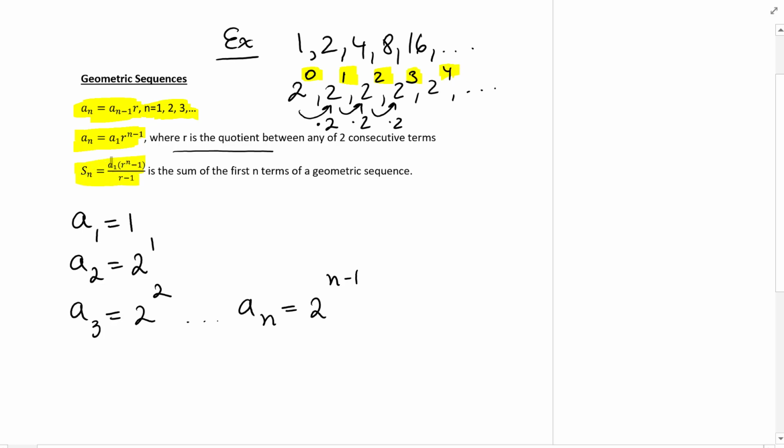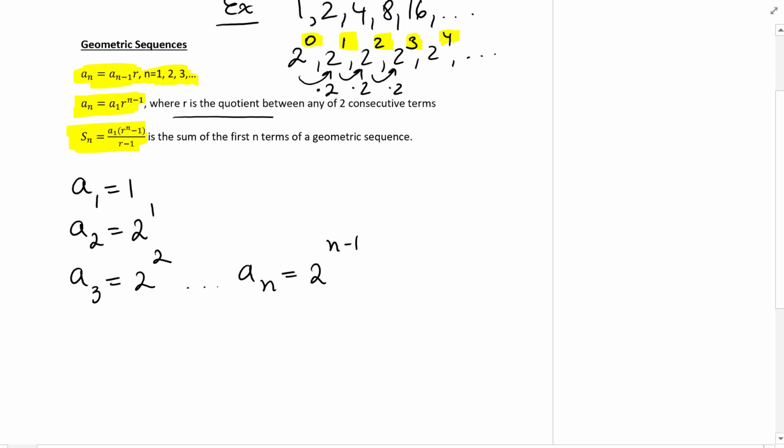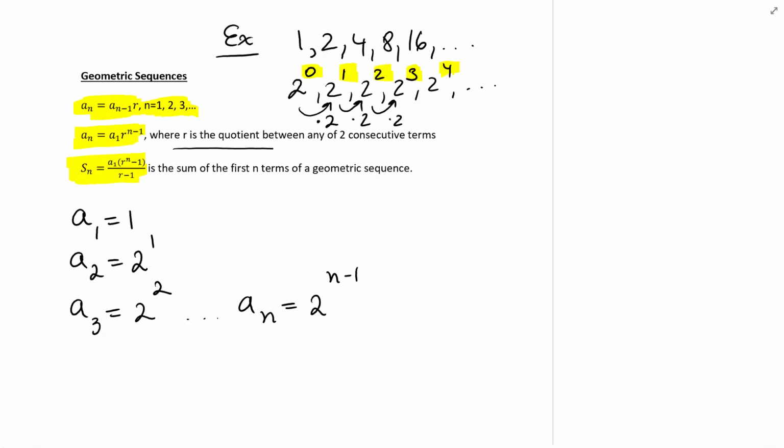The sum of the first n terms is a sub 1 times r to the n minus 1 over r minus 1. So in our specific problem, if I want to find S sub n, it is going to be the first term, which is 1, times r, which is the common quotient, which is 2, to the number of terms.